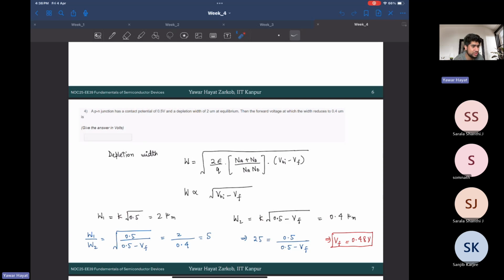Applying any bias won't change the inherent doping. Na was the doping on the p side, and that won't change when the bias is applied. So K and K would go. I'll be left with square root of 0.5 by 0.5 minus VF. From this you can compute VF, and it turns out it is 0.48 volts.